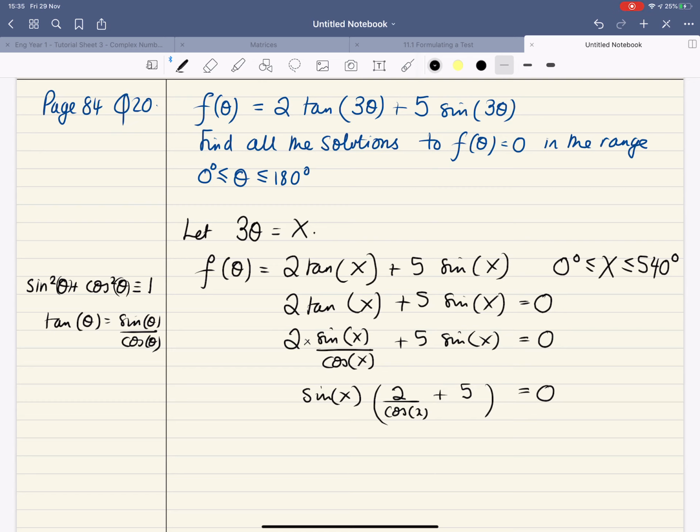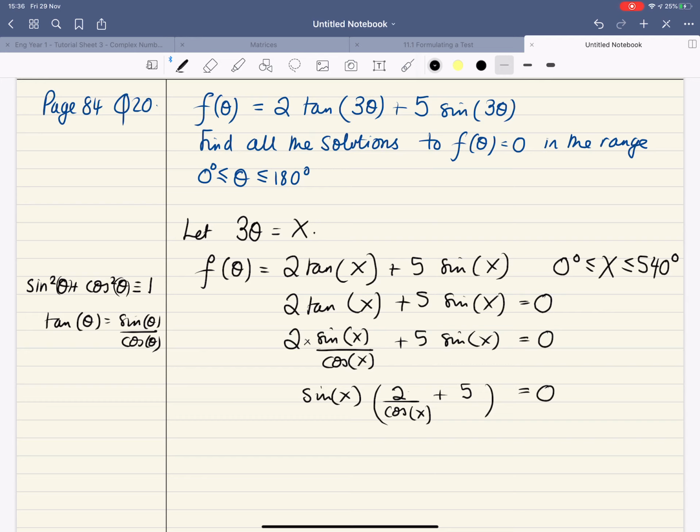Everybody happy with that one? Because look, that's 2 times sine x all on the top there, divided by cos x, and 5 sine x equals 0. Okay, actually that should be a capital X there to match that capital X over there.